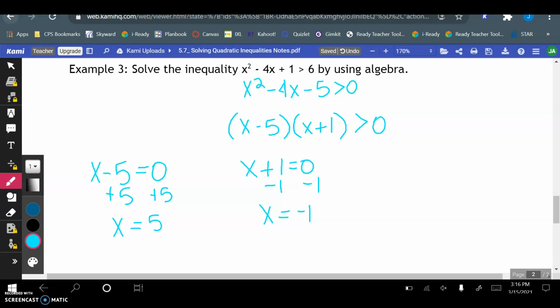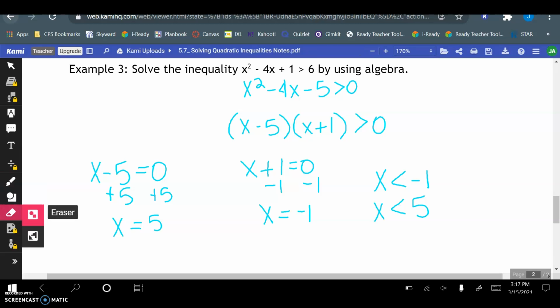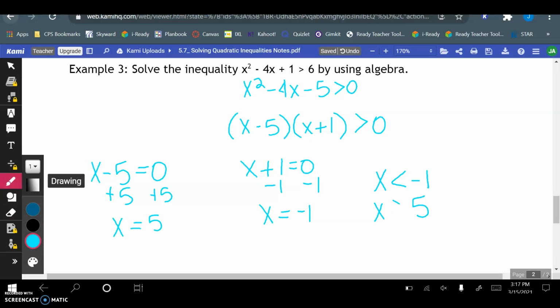So we have to have anything less than negative 1 and greater than 5. So less than negative 1 and greater than 5.